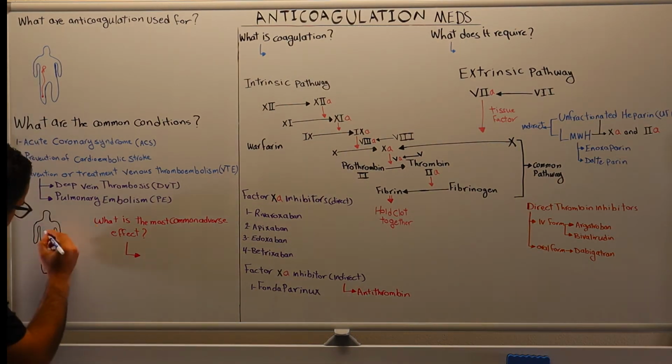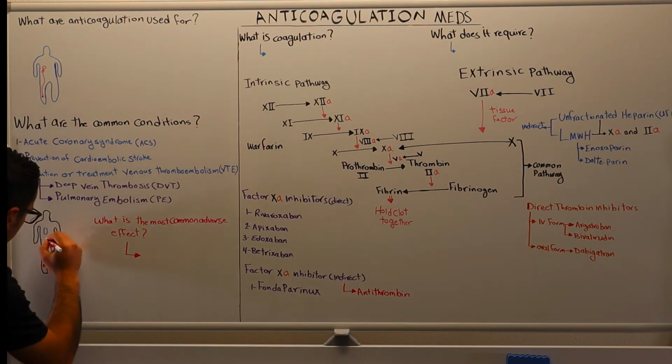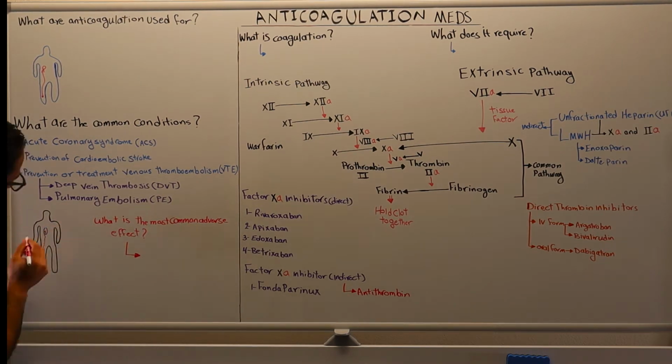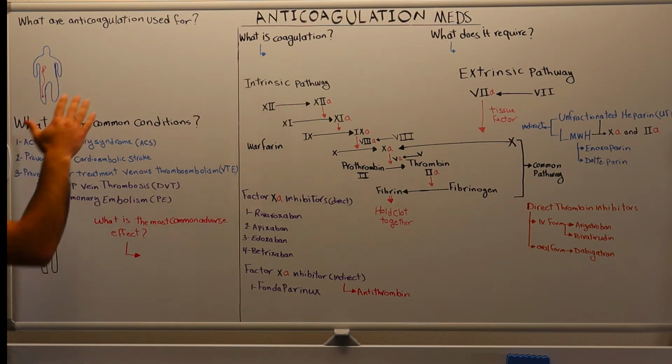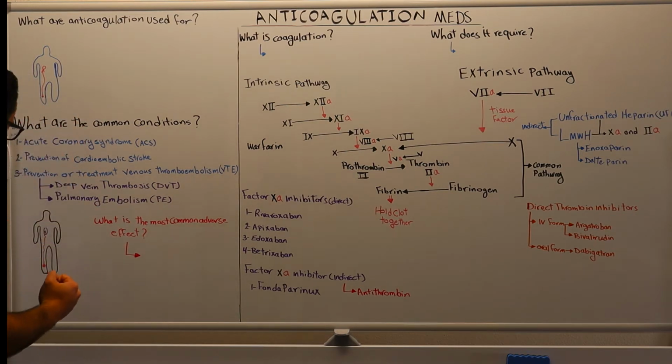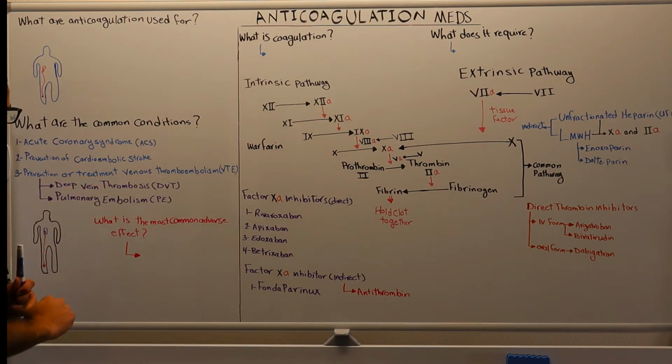Here in the lung, we have pieces of this clot, and as we have pieces of this clot in the lung, this condition would be called pulmonary embolism, or PE. So anticoagulation medications can be used for DVT and PE, and this could be for prevention or treatment.